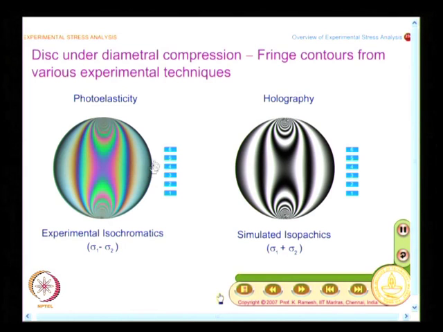And what you have to note down is that between photoelasticity and holography, I have shown colored contours for photoelasticity, because you use white light and get information in color which is unique to photoelasticity. Although it also gives monochromatic information, many techniques depend on monochromatic light source and you get black and white information which is processed.